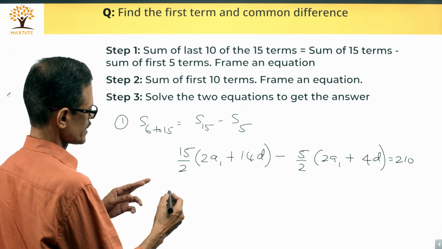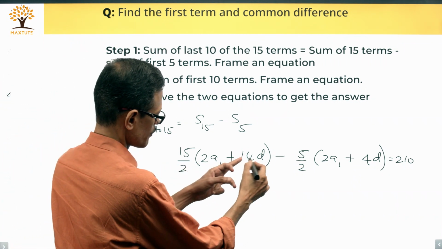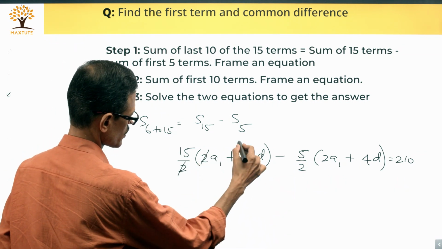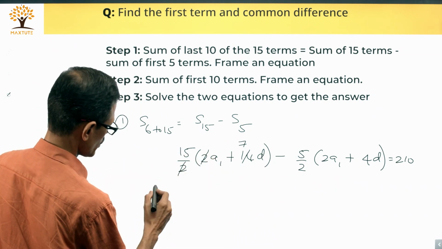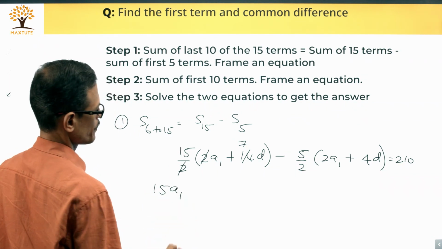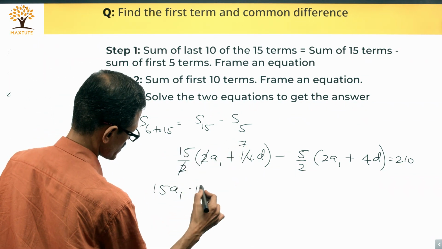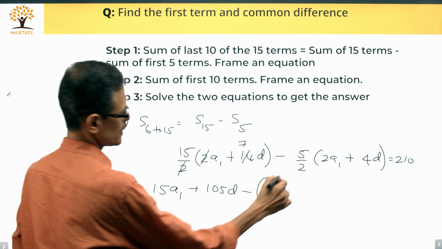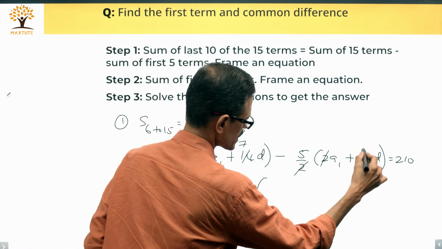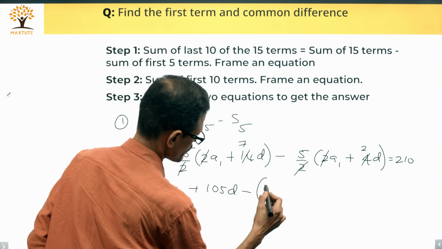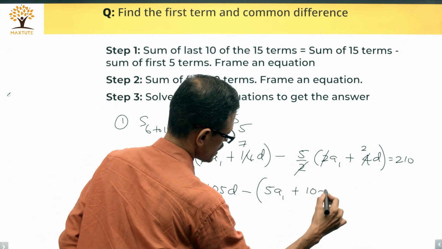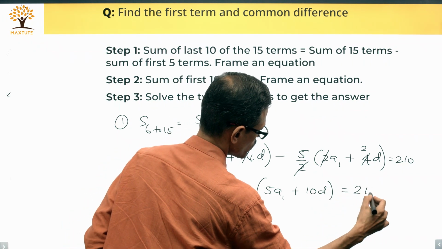So, essentially 2 divides 2A1 and 14, both of these. So, 2 gets cancelled to leave us with an A1 and to leave us with 7. Multiply it, you will be left with 15A1 plus 15 times 7, which is 105D. From this, we are going to subtract. The 2 gets cancelled with the 2 here, and will leave us with 5A1 plus 5 times 2, which is 10D, is equal to 210.